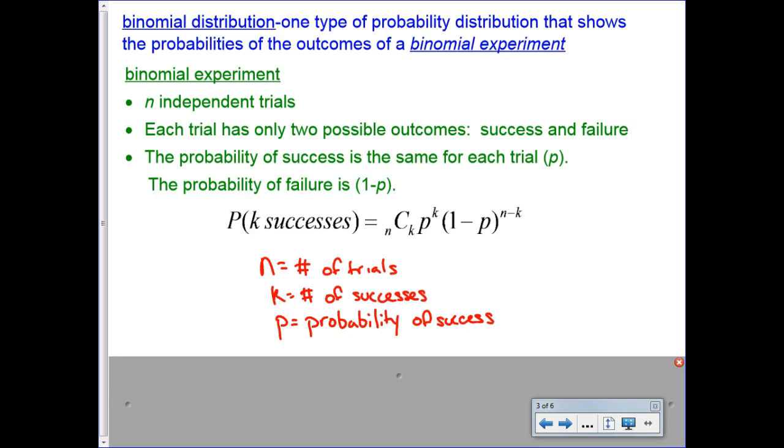Notice your probability of success is raised to the k power, the number of successes. And then your 1 minus that probability is raised to the number of trials minus the number of successes, so basically your probability of failure raised to the number of failures that you had.